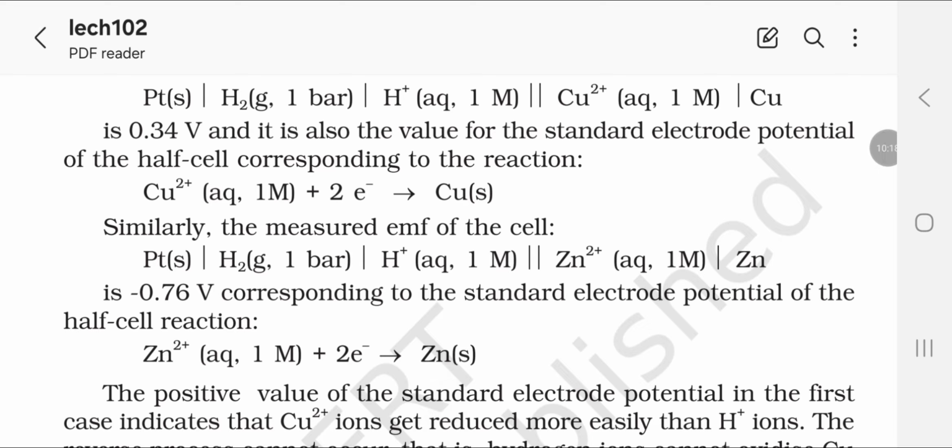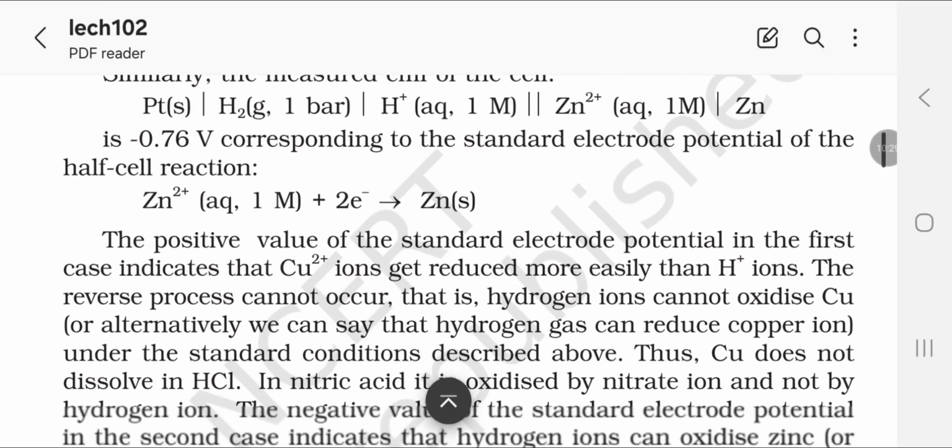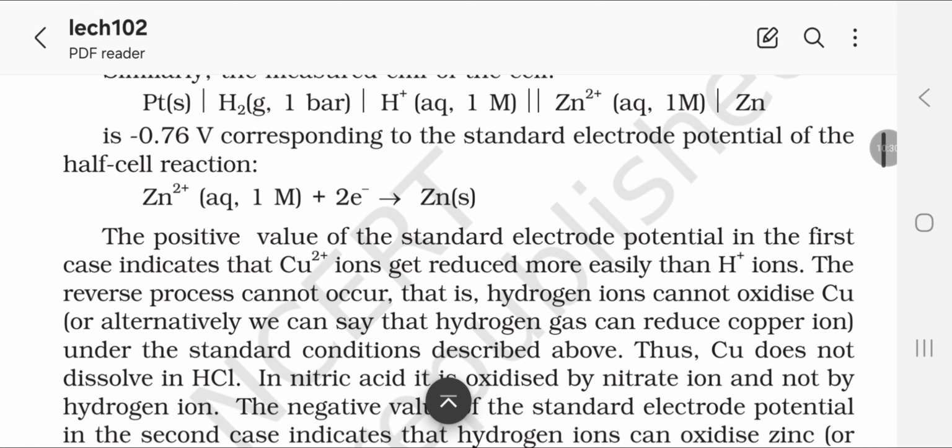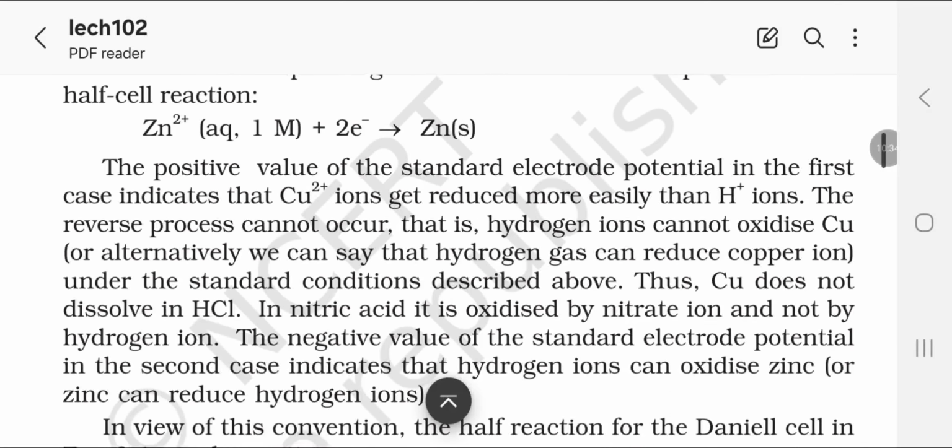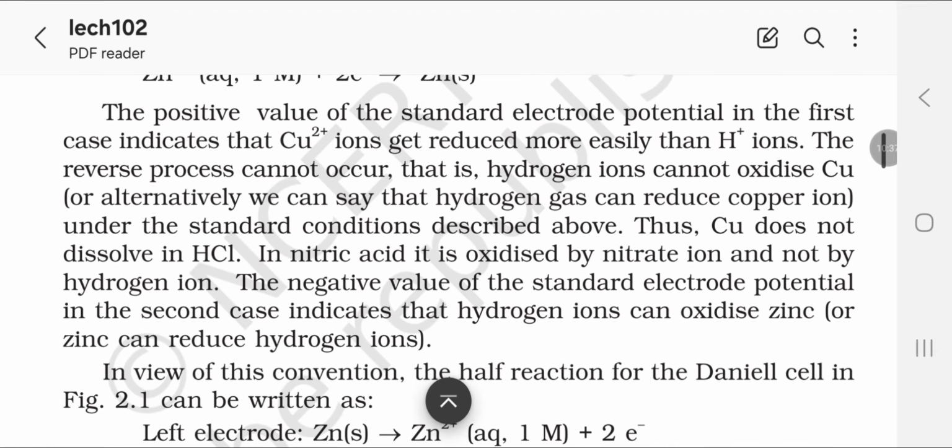Similarly, the measured EMF of the cell is minus 0.76 volt, corresponding to the standard electrode potential of the half cell reaction Zn2 positive aqueous 1 molar plus 2 electrons gives Zn. The positive value of the standard electrode potential in the first case indicates that Cu2 positive ions get reduced more easily than H positive ions.